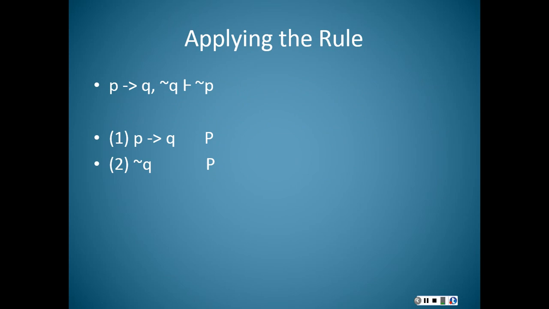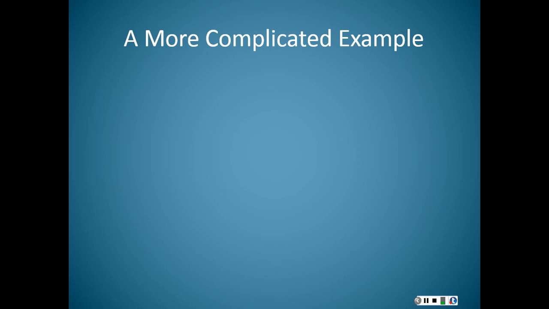So we have a conditional on line 1, if P then Q. We have the negation of the consequent of that conditional on line 2, namely not Q. The rule Modus Tollens therefore permits us to go ahead and write down the negation of the antecedent of the conditional that we have on line 1. So we're able to infer not P from lines 1 and 2 via the rule Modus Tollens, or again more commonly Modus Tollens.